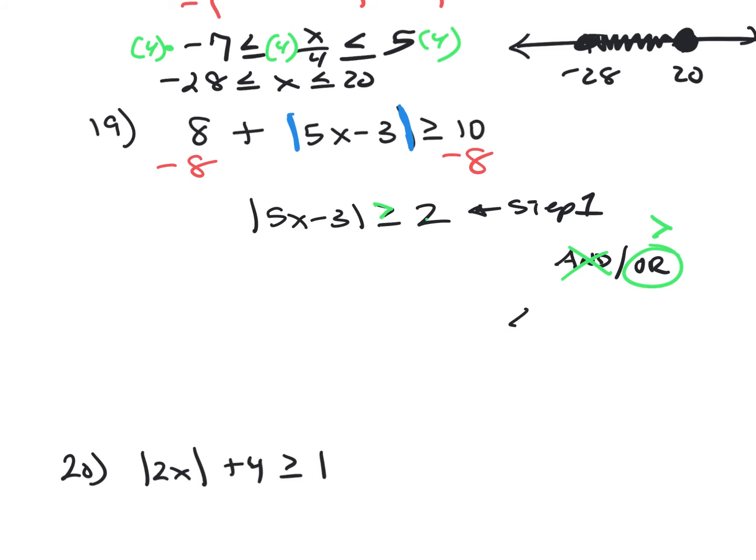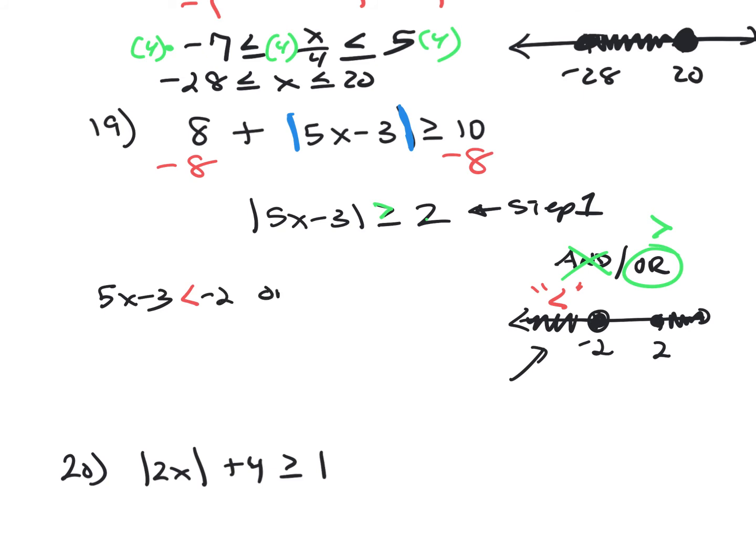So again, if you are more than 2 units from 0, don't you have to be out here or on -2? Don't you have to be out here? So again, the compound sentence is 5x minus 3 has to be to the left, so it has to be less than -2, or as part of your answer, or 5x minus 3 has to be to the right or greater than +2.